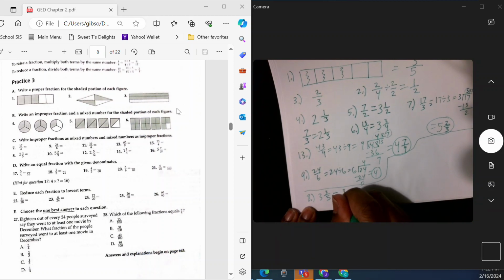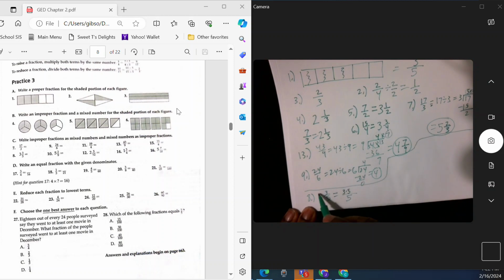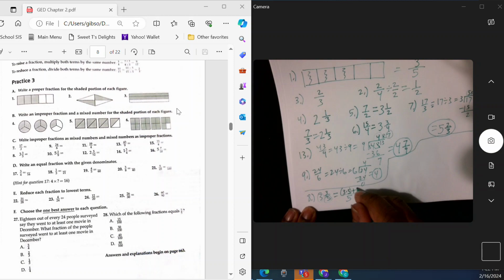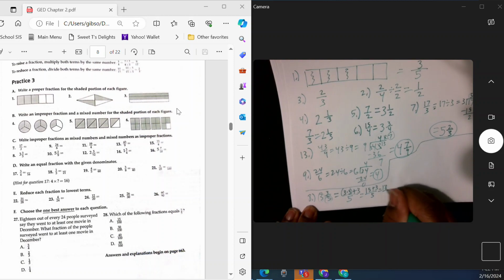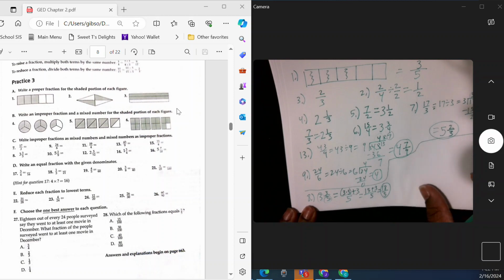You would take the whole number 3 times the denominator, so this times this. 3 times 5, and then you would add the numerator. So this will end up being 15 plus 3 over 5, which is 18 over 5. And that is our final answer, because this is what they wanted us to write. Okay, now that would take care of number 8.